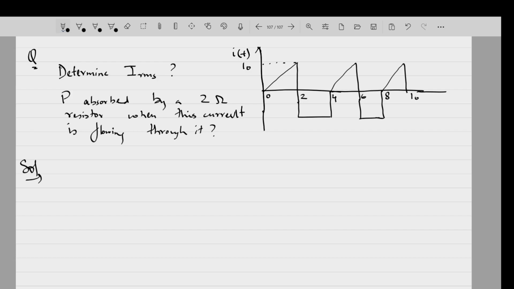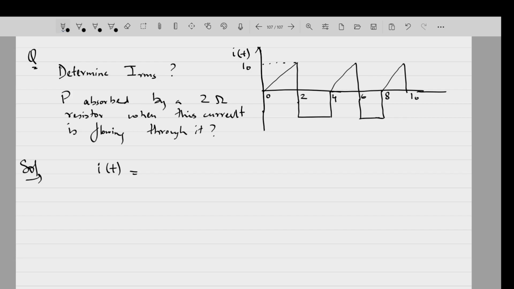To find out the power absorbed by a circuit, you actually need to find out the RMS value of this current first of all. So you need to first identify what is the function i(t) of this system.